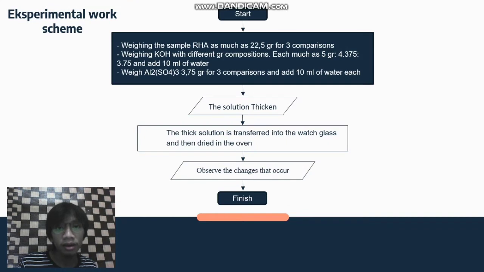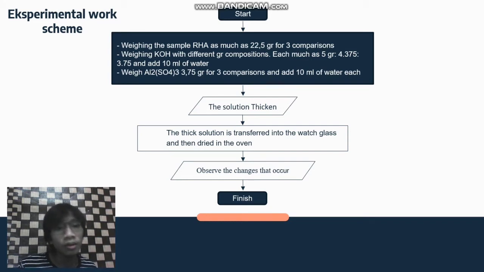Experimental work scheme. First, start by weighing the RHA sample as much as 22.5 gram for the comparisons, and weigh KOH with different compositions: 5 gram, 4.375 gram, and 3.75 gram, and add 10 ml of water.